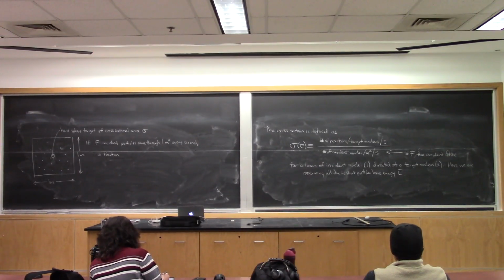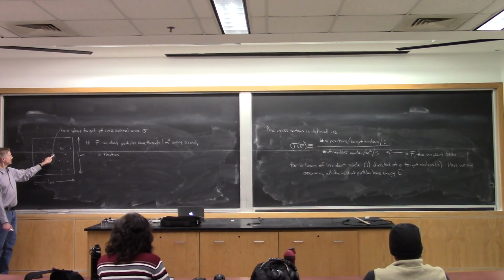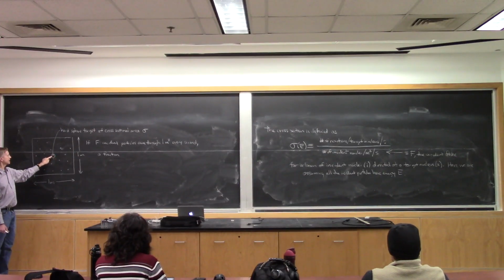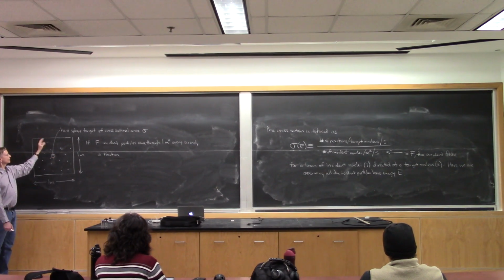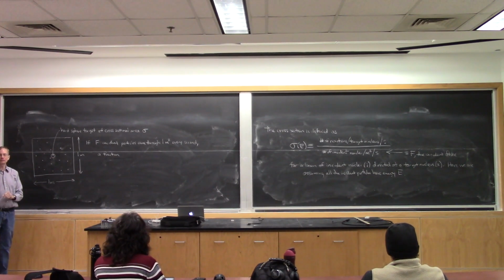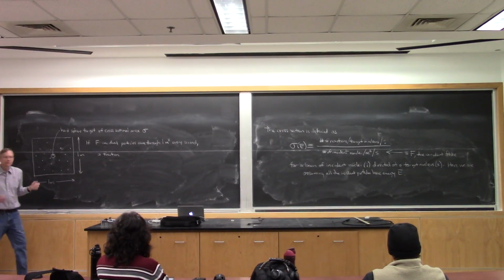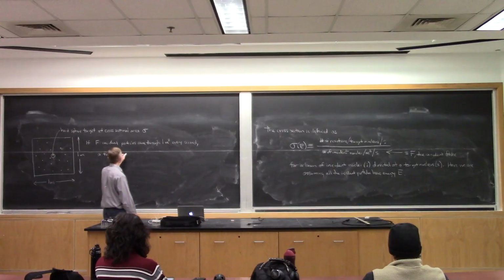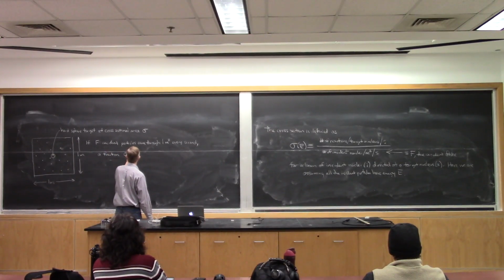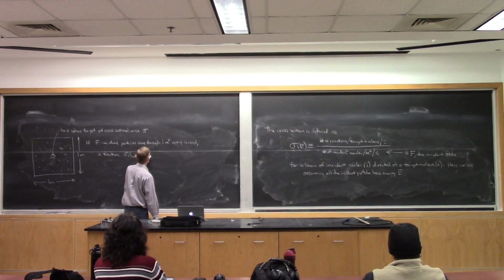Well, if they're just randomly distributed, and this target has area sigma, and there's F particles randomly distributed over that square meter coming through every second, what fraction of them smack the target and thus interact with it? Sigma over meter squared. Yes, sigma over 1 meter squared. Then a fraction sigma over 1 meter squared will hit the target.